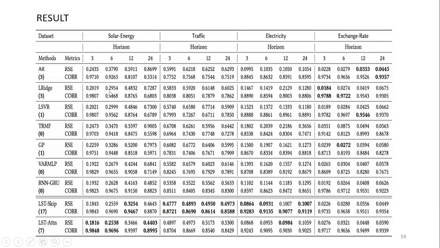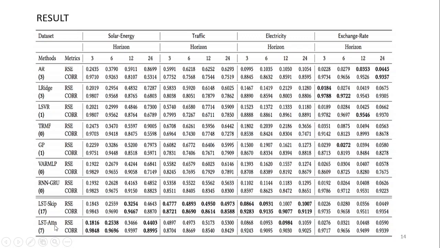This is the result of the research being carried out using the LSTNet model. It was shown that using the LSTNet skip without the attention layer, forecasting for the next 12 hours, the model achieved a state-of-the-art result when compared to other previous models.